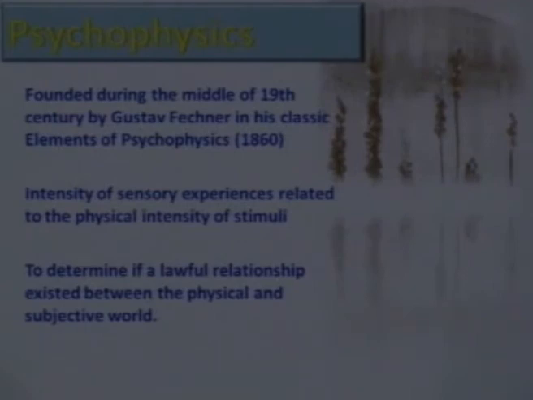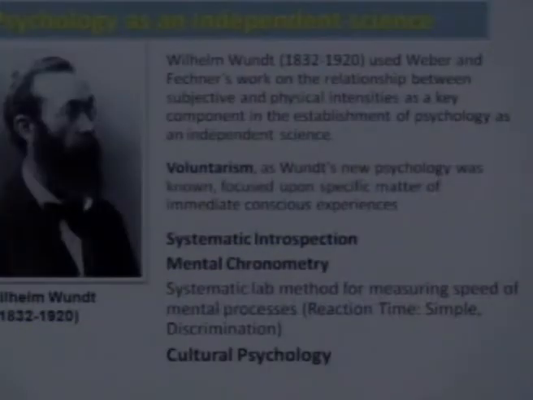Fechner's classic work, Elements of Psychophysics, addressed this question, that how the physical world is related to the world of sensation, and he came to know that a lawful relationship existed between the physical and subjective world, and it was psychophysics which laid the foundation of experimental psychology in the later years to come. It was the very first effort to measure human sensations, and it actually affected Wundt's practical work on reaction time studies.